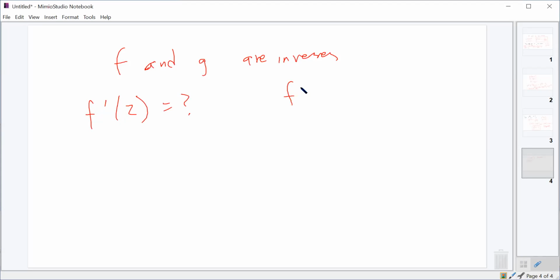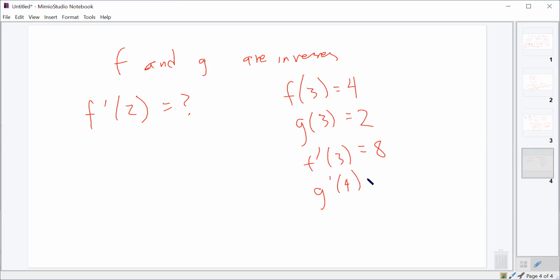They'll say something like F of 3 is 4, and G of 3 is 2, and F prime of 3 is 8, and G prime of 4 is 6, and G prime of 3 is 7.